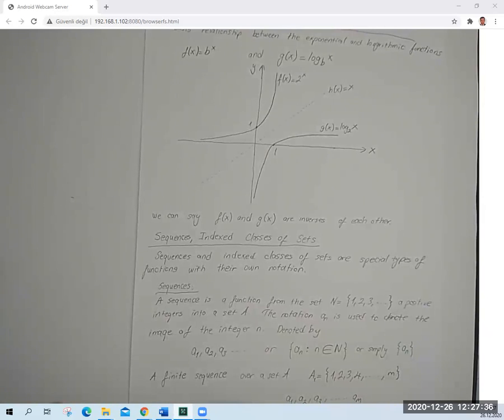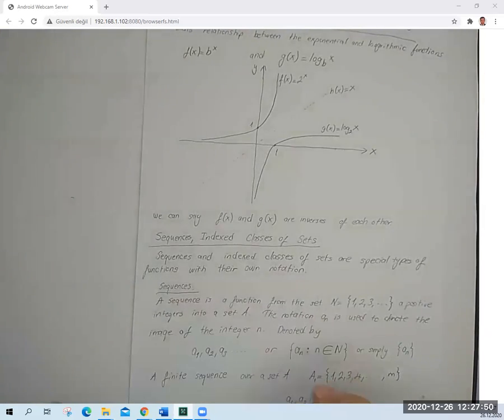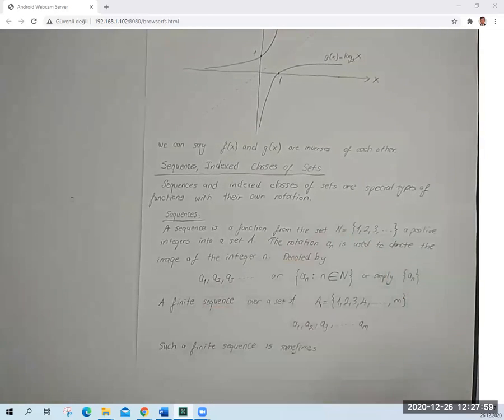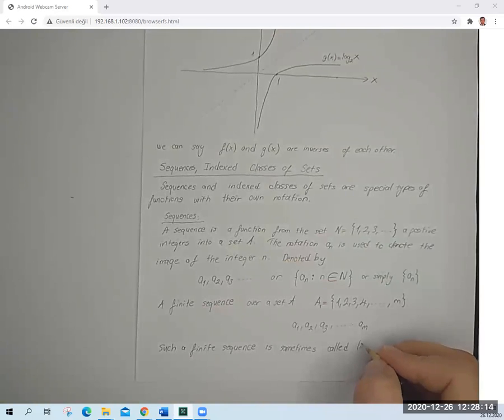Such a finite sequence is sometimes called a list or M tuple.